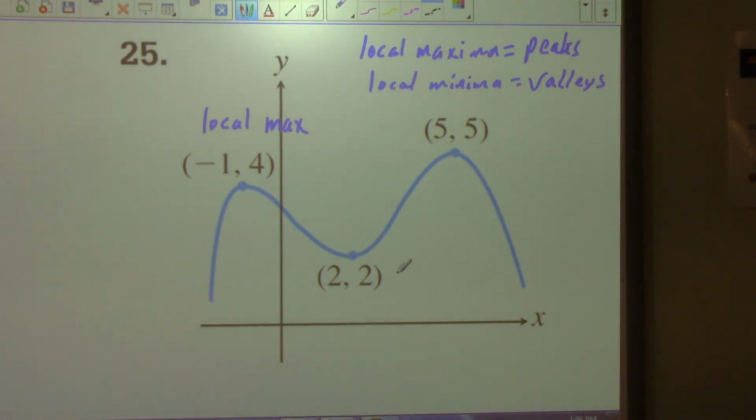Okay, so we have a local max here. What do we have down here? Local minimum. What do we have here at 5.5? Local max.